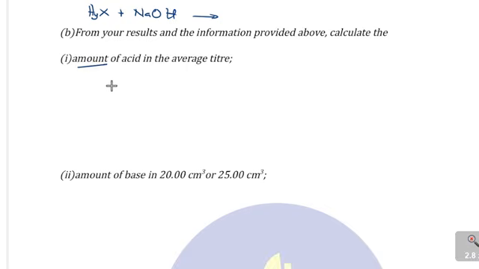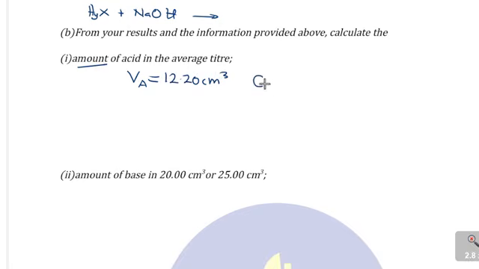So the first question is the amount of acid in the average titer. What is the average titer? The average titer now is our VA, and it has been obtained to be 12.20 cm3. And we want to calculate the amount.